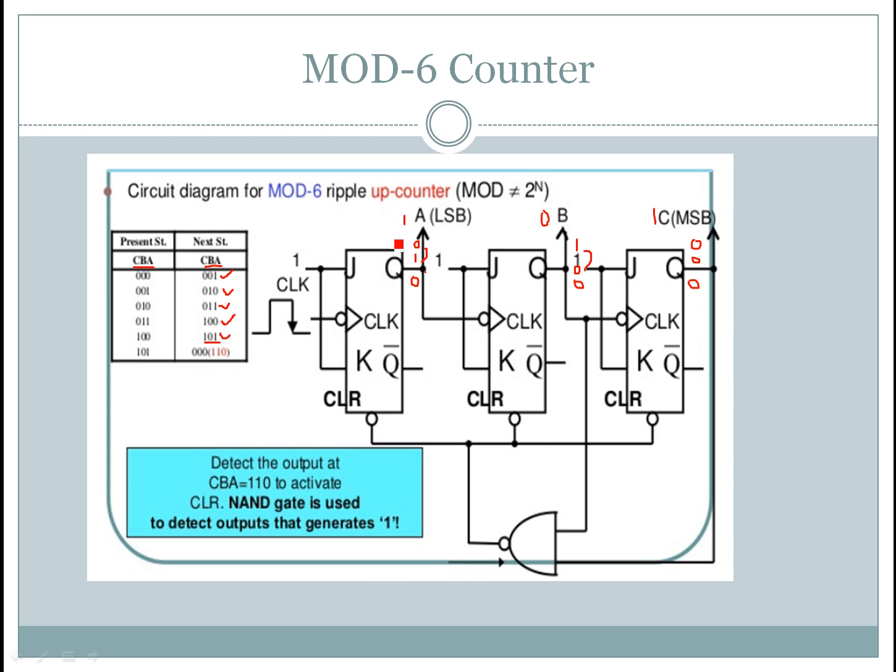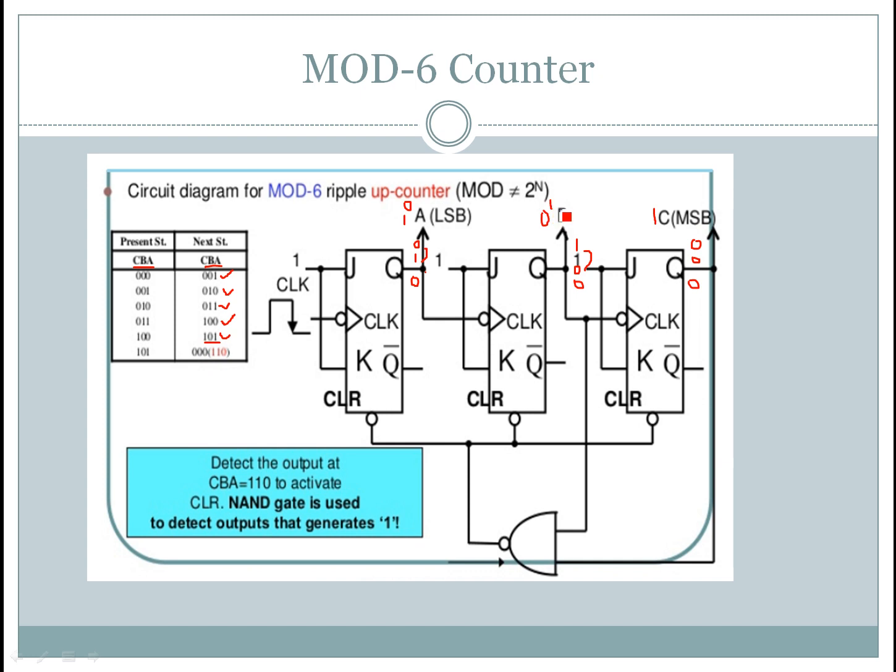So let's consider, for the negative edge of the clock, it changes its state from 1 to 0. Now 1 to 0 is a negative edge, hence the second flip-flop changes its state from 0 to 1.